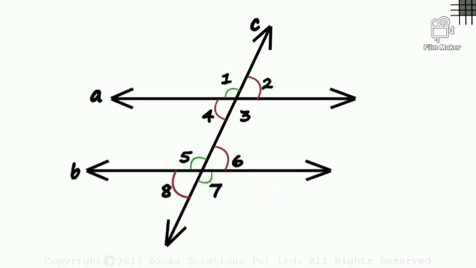Angle 7 equals angle 5 because those are vertically opposite angles. Angle 3 is equal to angle 7, also corresponding angles. The lines A and B are parallel. Angles 1, 3, 5, 7 are exterior angles. Like this, you can explain the pairs.